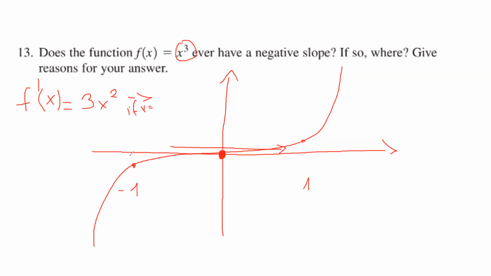If you look for the derivative at this point, you stick in this value, and you get f prime of x equals how much? 3. Exactly. And if x equals 1, 3. Exactly the same. Can you tell me why?